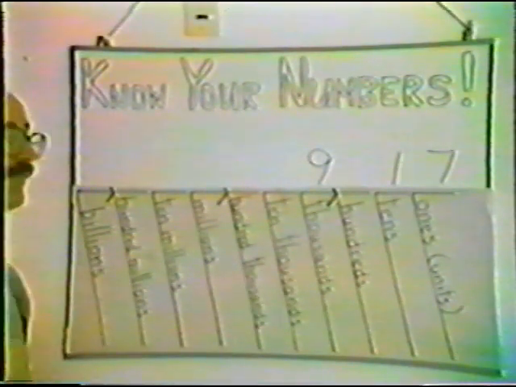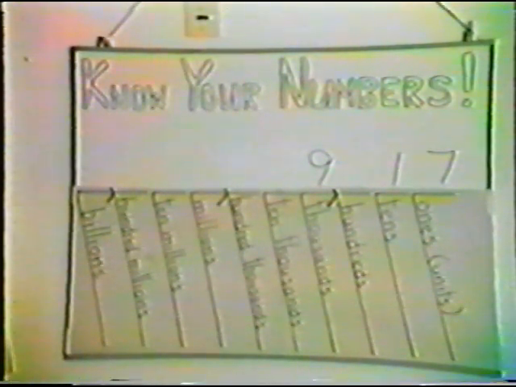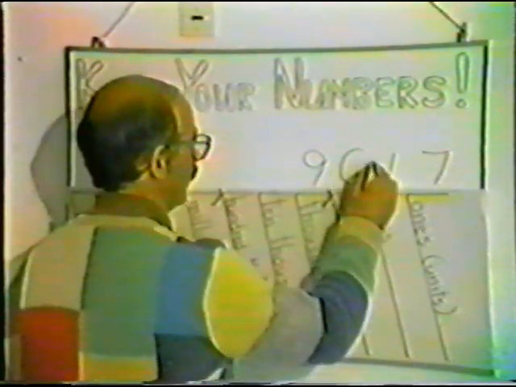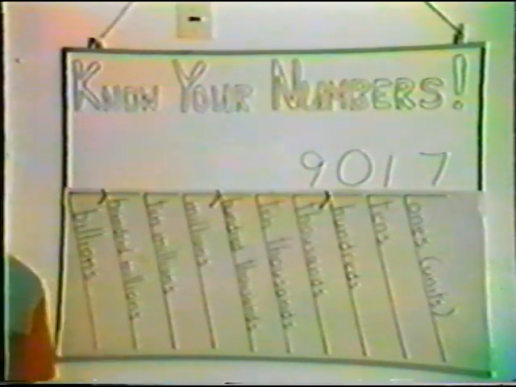What do I have to put in the hundreds place? A 0. Now it's 9,017.